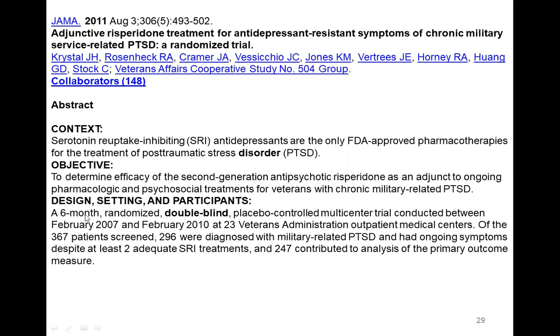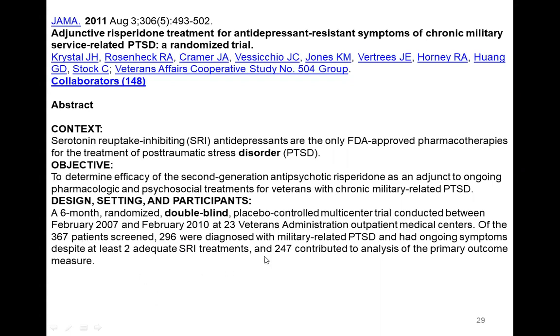So they created a 6-month randomized, double-blind, placebo-controlled study, conducted over a 3-year period at 23 different VAs around the country. They had 367 patients screened, and of them, 296 were diagnosed with military-related PTSD and had ongoing symptoms despite having been treated with 2 different SSRIs, or SRIs as they say.